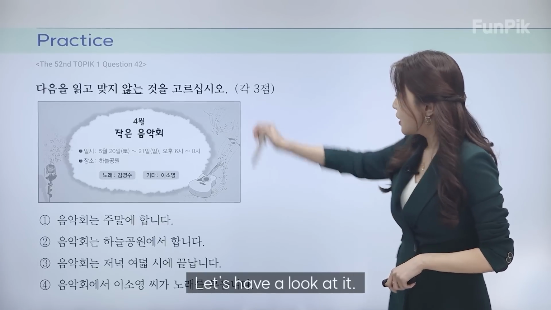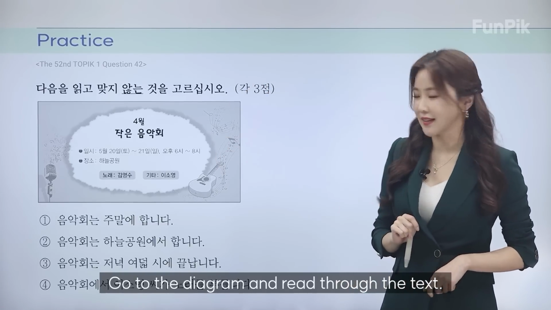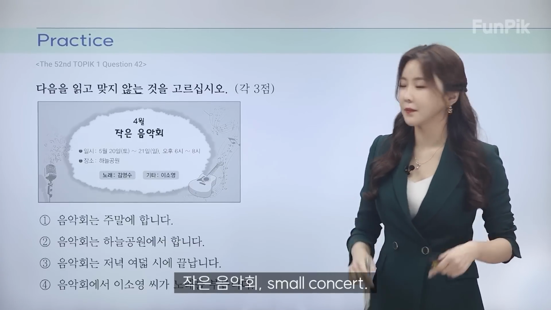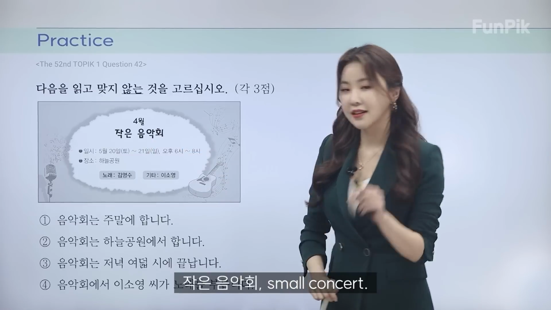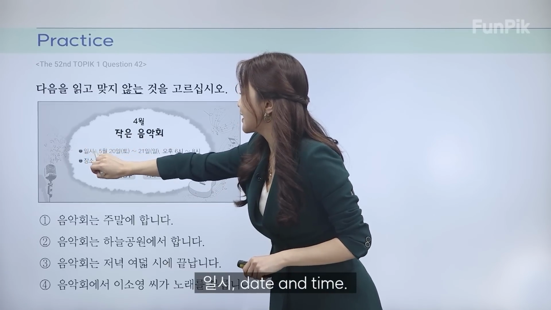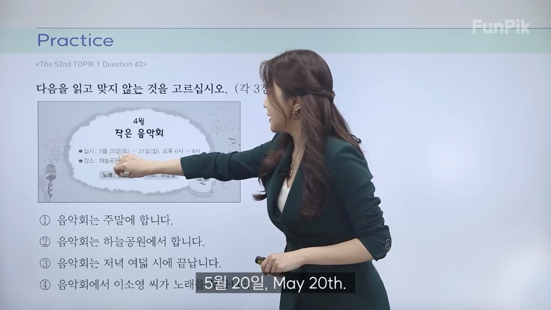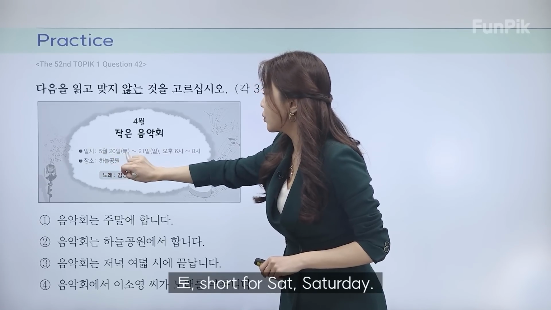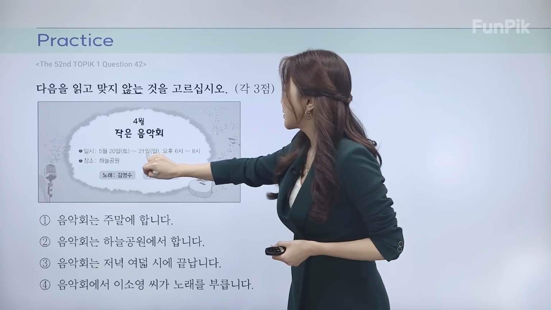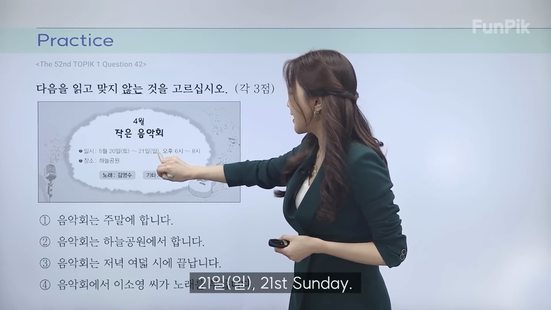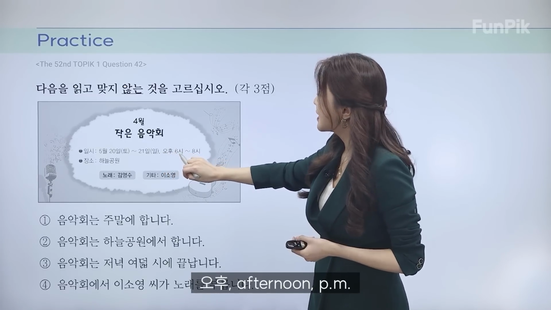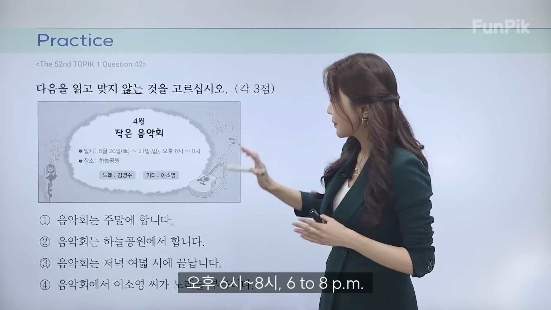Okay, now this question, the next one, it is from the 52nd topic. Let's have a look at it. Go through the diagram and read through the text. 4월, the 4th month, as in April. 작은 음악회, a small concert. 일시, date and time. 5월 20일, May 20th, 토, short for Saturday. 21일, the 21st, Sunday, and the time, 오후, afternoon, PM, 6 to 8.